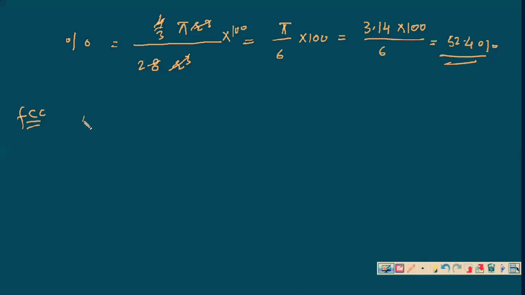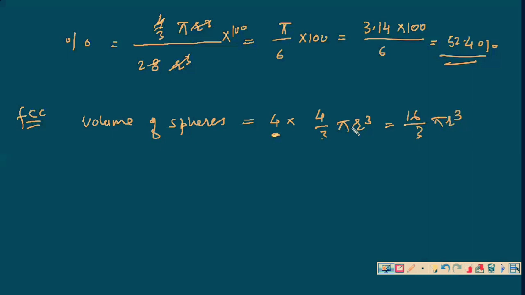So the volume of spheres is equal to 4 into 4 upon 3 pi R cube. Four is the number of particles present in one unit cell of FCC, and this is the volume of one sphere. It will be 16 upon 3 pi R cube.